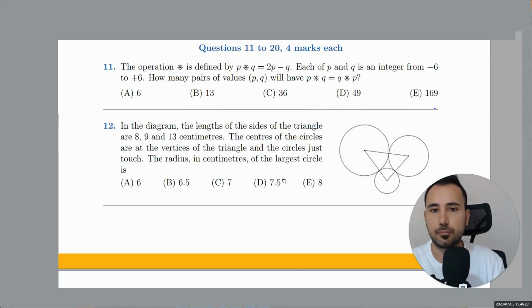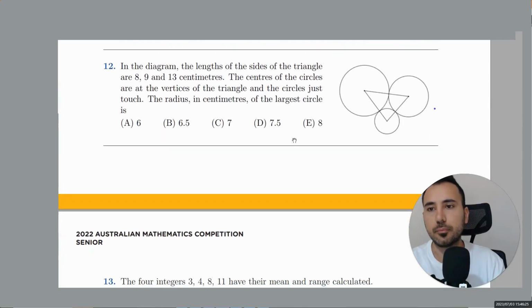Question 12. In the diagram, the lengths of the sides of the triangle are 8, 9, and 13 centimeters. The centers of the circles are at the vertices of the triangle, and the circles just touch. The radius in centimeters of the largest circle is.